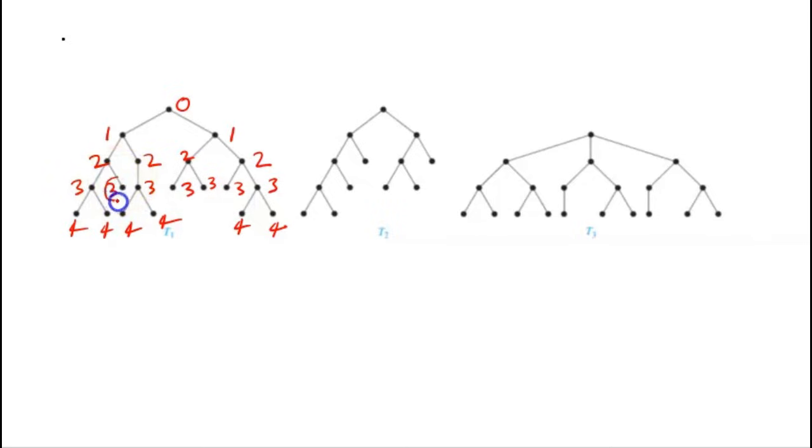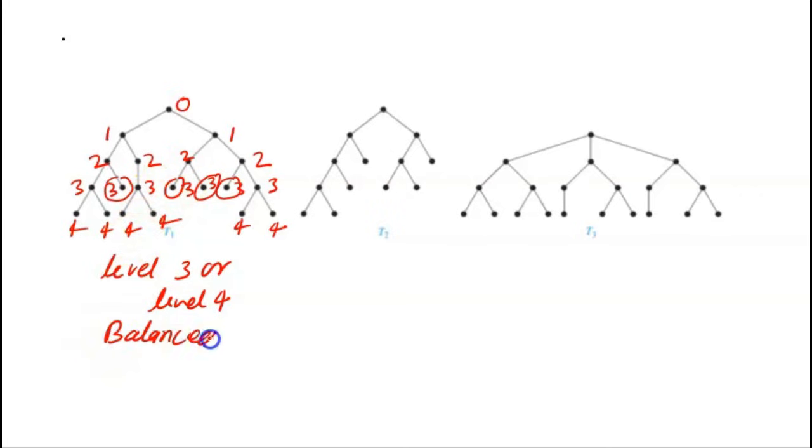This vertex is a leaf, this vertex is a leaf, this vertex is a leaf, this vertex is a leaf, this is not a leaf, and all these are leaves. So the leaves are occurring either at label 3 or label 4, and as per the definition, if the leaves occur at either label h or h minus 1, the tree is said to be balanced. So this tree is a balanced tree.